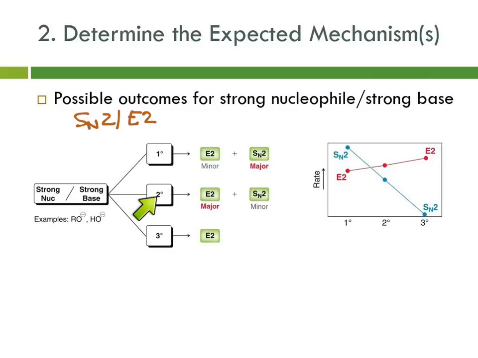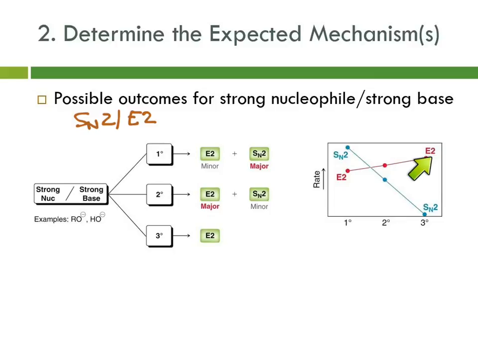For primary and secondary, it's helpful to remember this relationship. The SN2 mechanism is very strongly dependent on the order of the substrate. There's really no SN2 occurring for a tertiary, and it's very fast for the primary, and that has to do with steric hindrance. The E2 reaction is somewhat dependent.